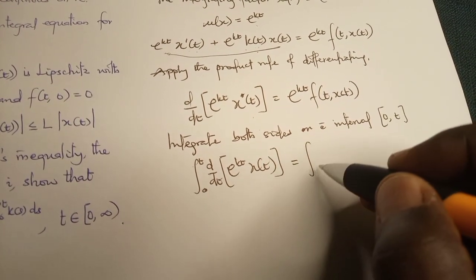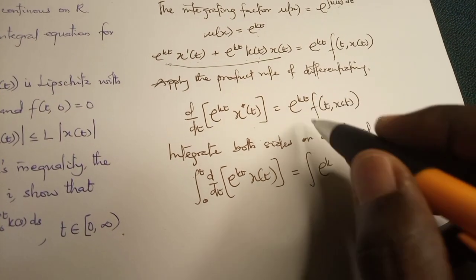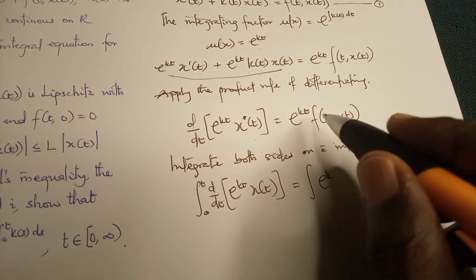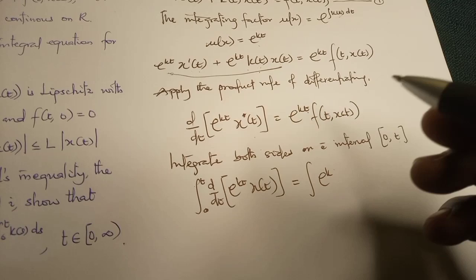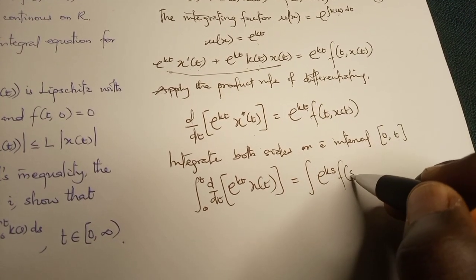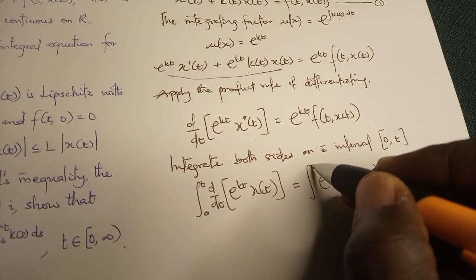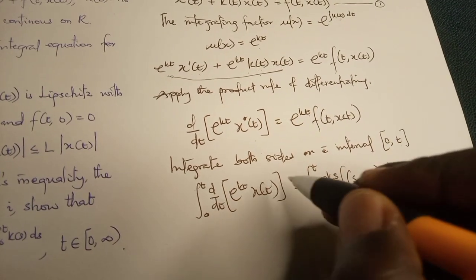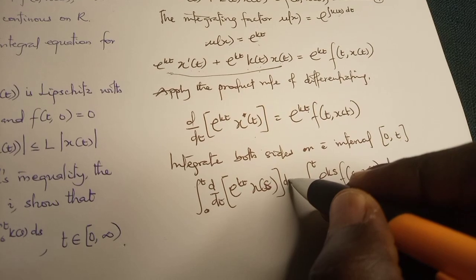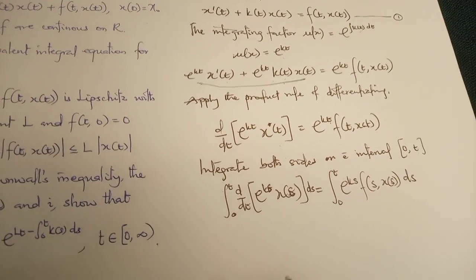equals the same thing here, e exponent k. Since we are using t as the limit, we change this to another variable. I will use s. So f of s x of s ds, with limits 0 to t. We do the same thing for the s here and s here.